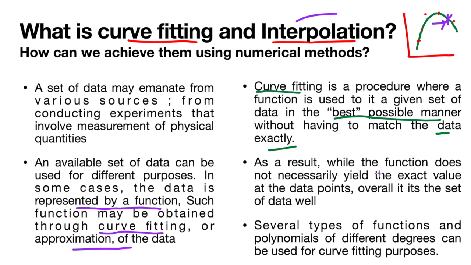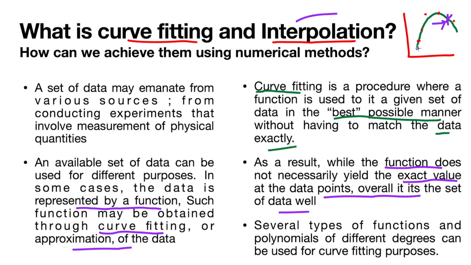Interpolation, as we already discussed, is interpolating the values at different points which originally are not given to us. While the function does not necessarily yield the exact value at all the data points, it is the best possible, as we have already discussed.